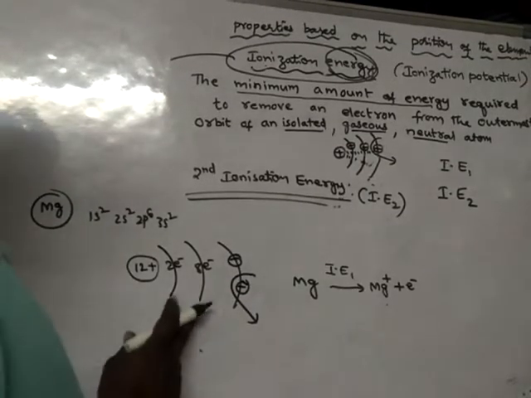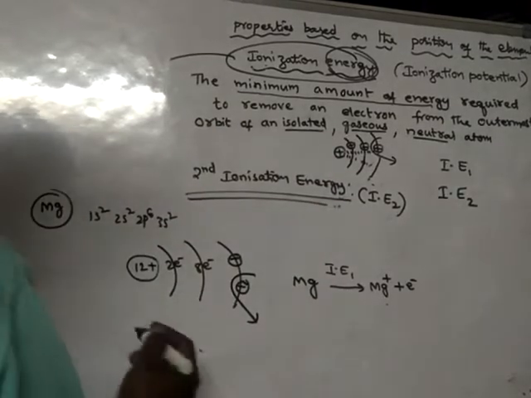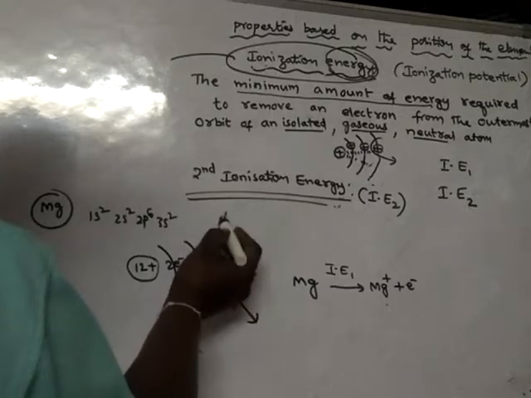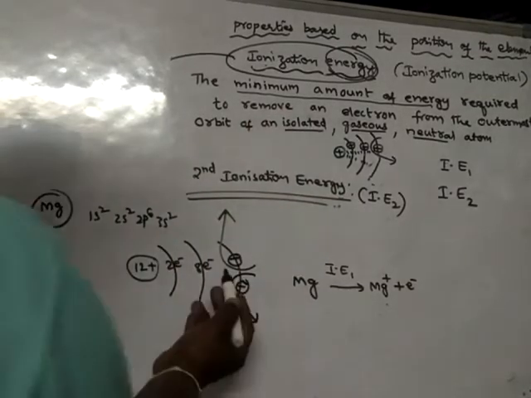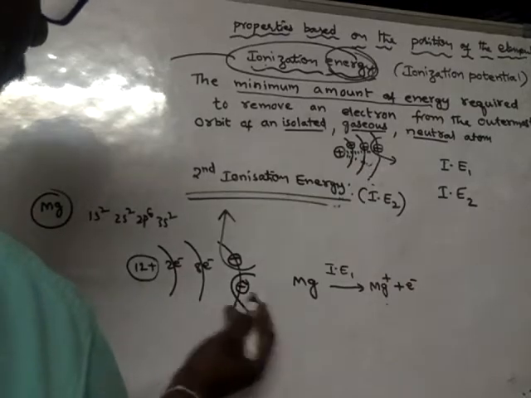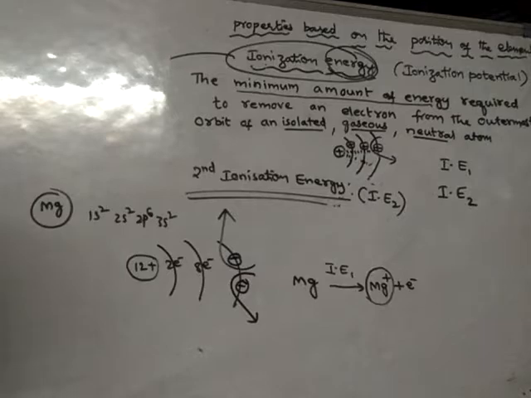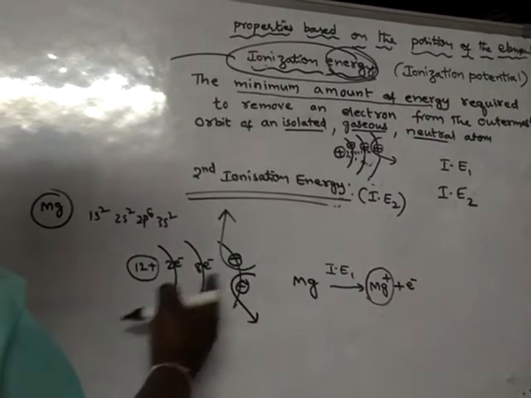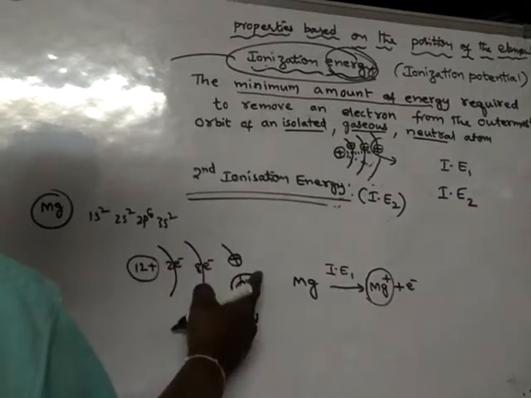Now I want to take the second electron also. If I want to take the second electron from that atom, I have to spend energy after removal of the first electron. Now it is not magnesium, it is Mg plus.